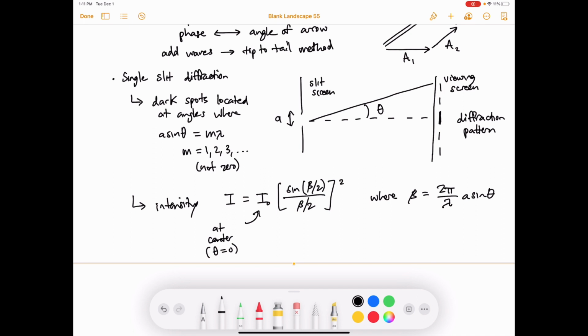So slightly complicated, but what we have here is an equation that you can just plug an angle into, and it will tell you what the intensity is at that particular angle.